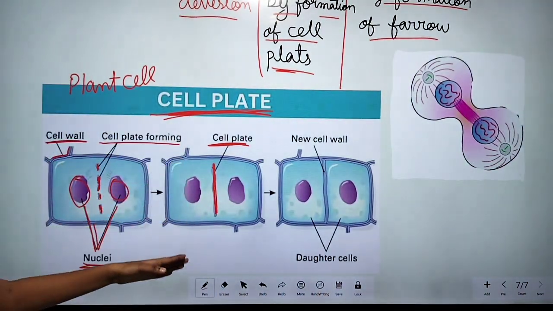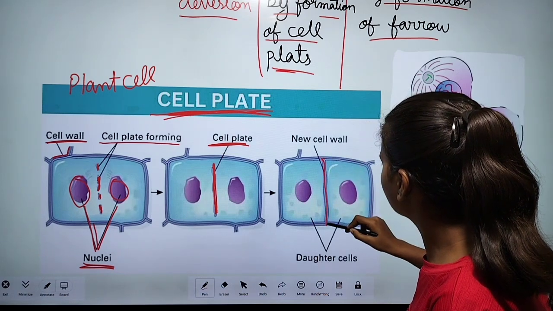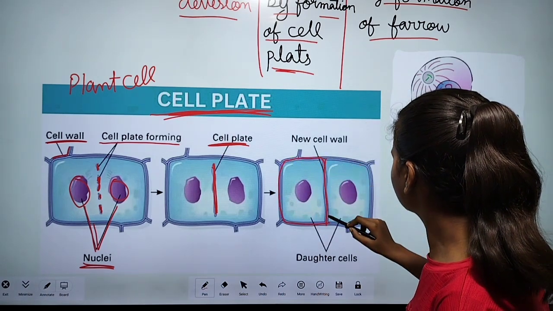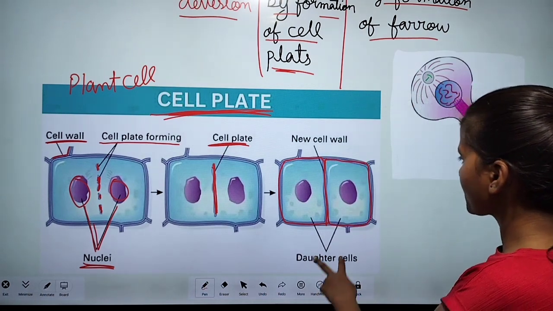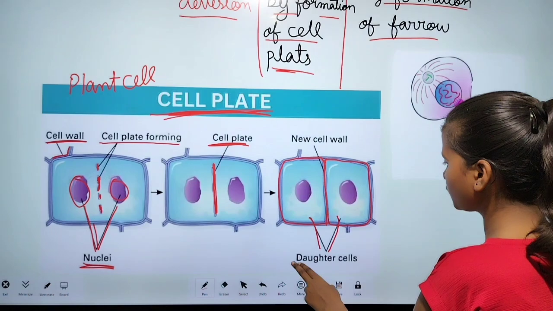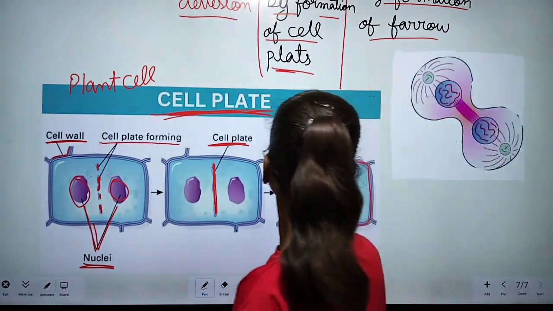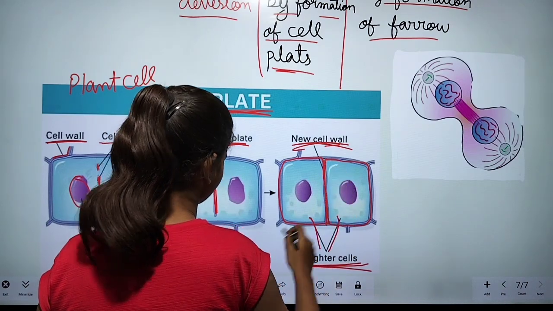Now there are two cells. This one is one cell, and this one is the other cell. These two cells are known as daughter cells. Both are new cells, and this is the new cell wall.